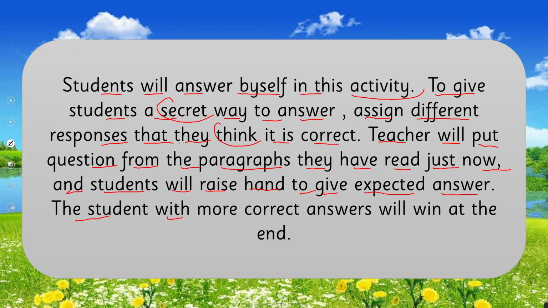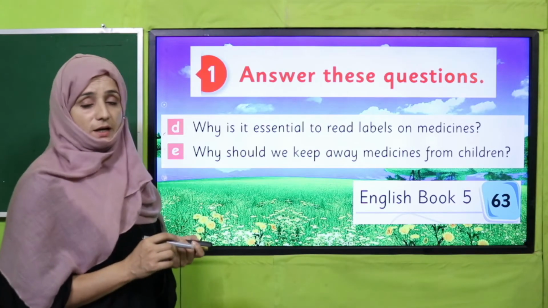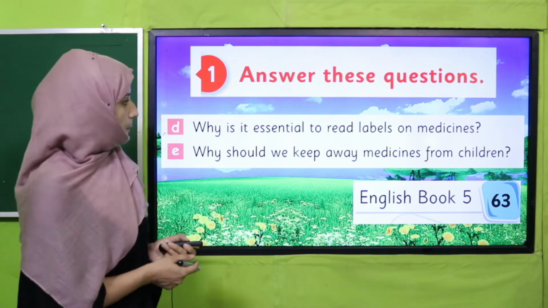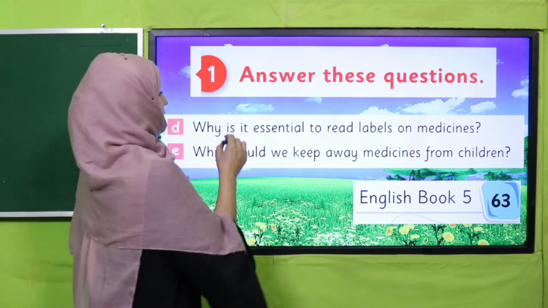The student with more correct answers will win at the end. They will use the paragraphs we have just read to perform this activity in your class. And let's do an individual activity to answer these questions.